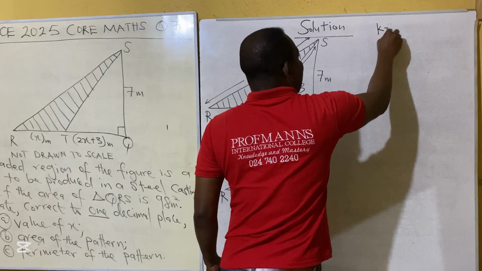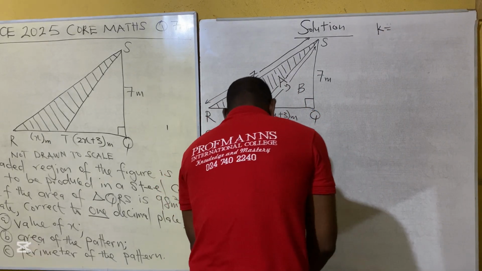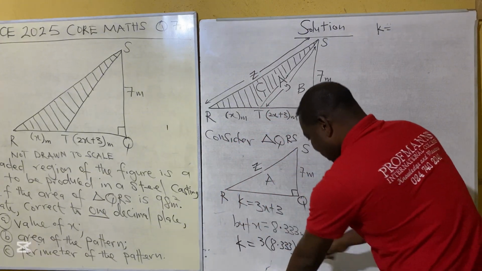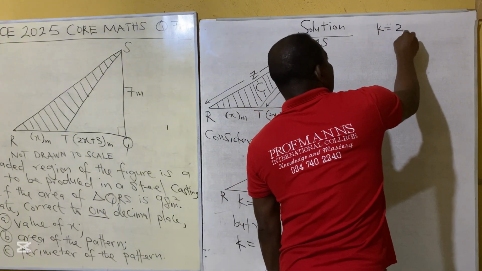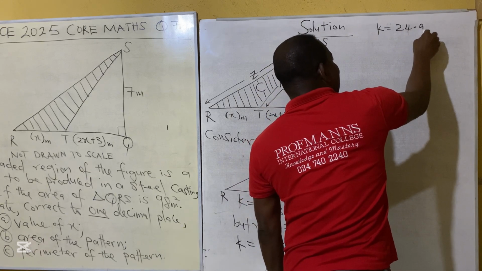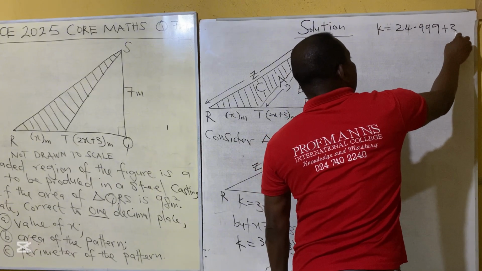The k, which is the base, is now equal to, when we multiply 3 by that, 24.999 plus 3.